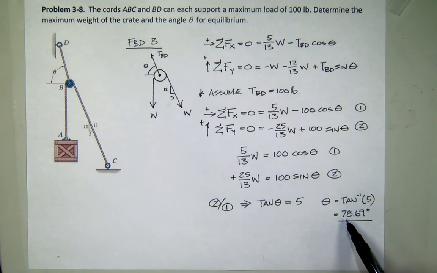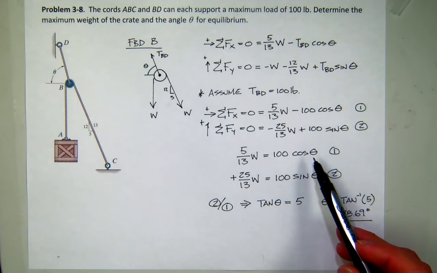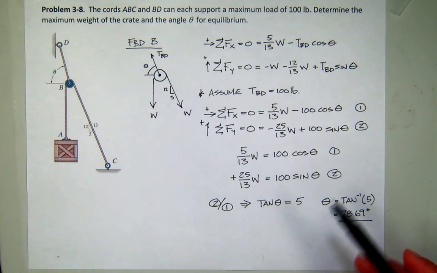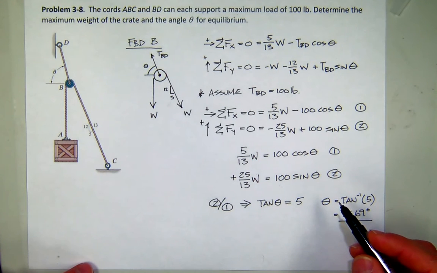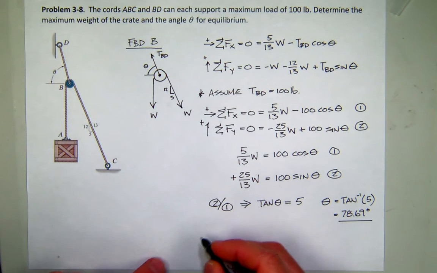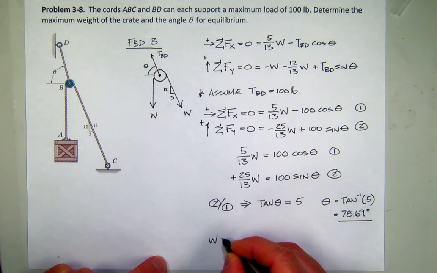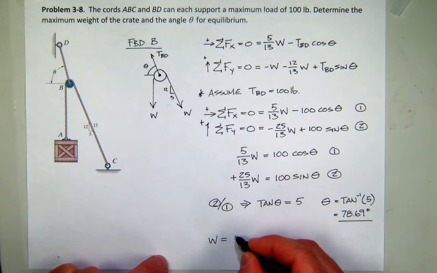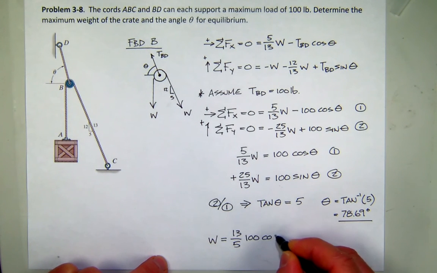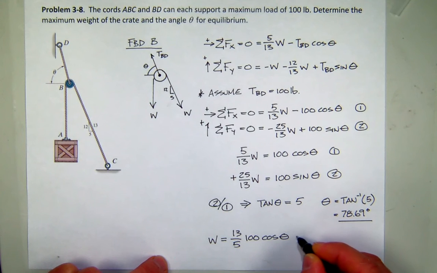So now if I have theta, I can plug it back into one of these equations and solve for W. So let's just pick one. Let's pick the first equation. So it looks like then W, if I solve for W, would be 13 over 5 times 100 cosine theta.